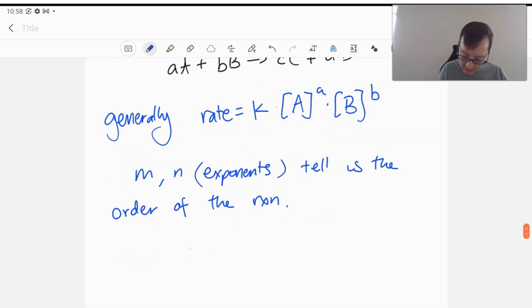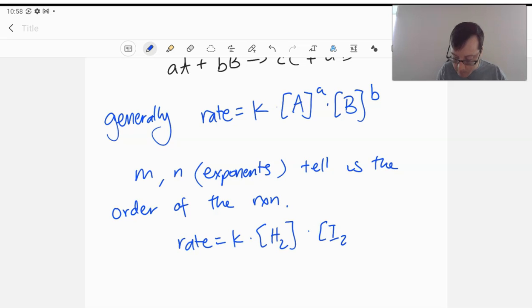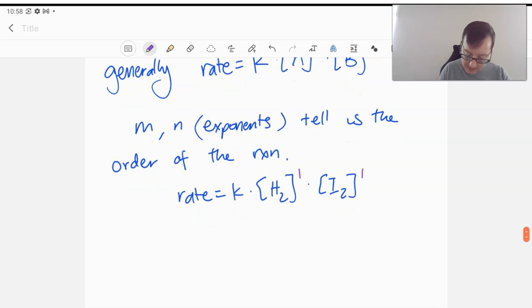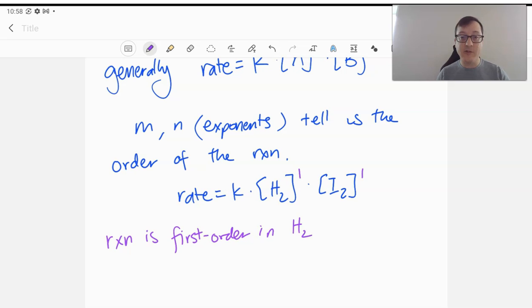So if we take our previous example, we saw that the rate was equal to K times H2 times I2, both of which were 1. I'm going to put the 1s here even though we don't normally put coefficients of 1. We would say that this reaction is first order in hydrogen.